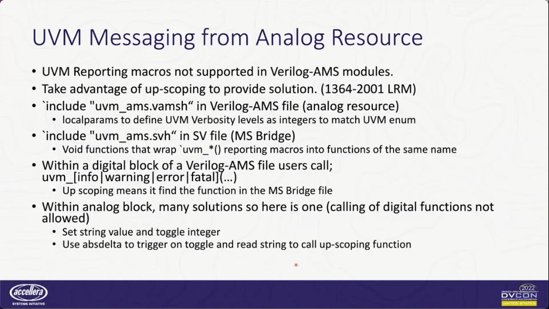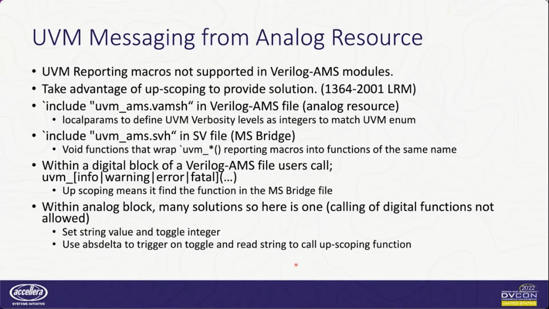So in order to do that, we need to include a few extra parameters and functions. Inside of the Verilog-AMS file, we want to include this UVM AMS include file. You can name it whatever you want, of course, but the key thing is that there's going to be local params specified in there to set up our strings that we're going to want to print out.